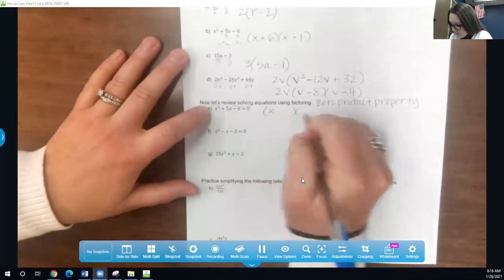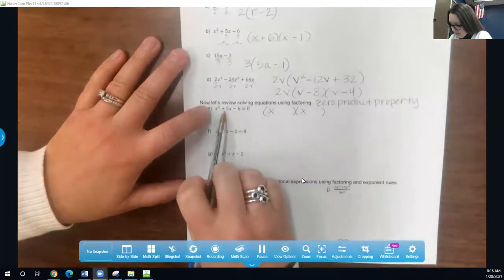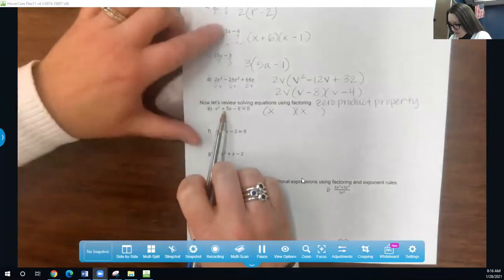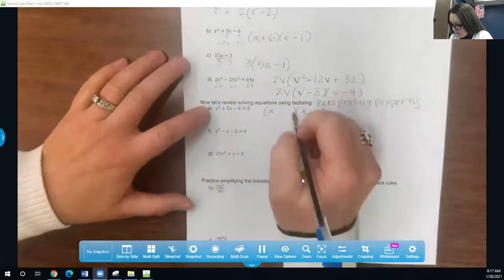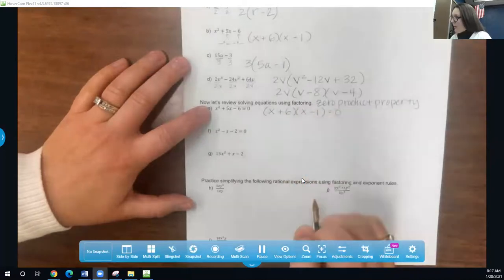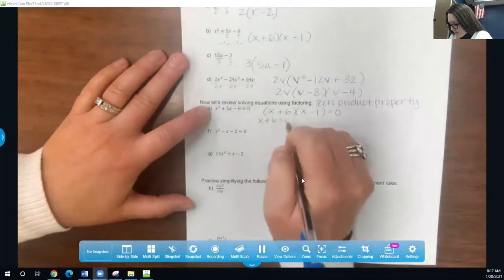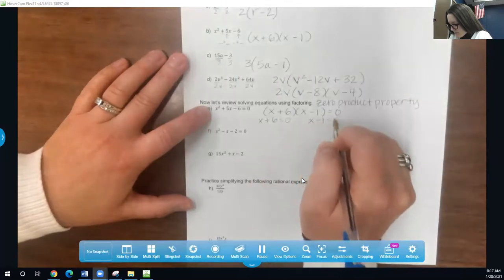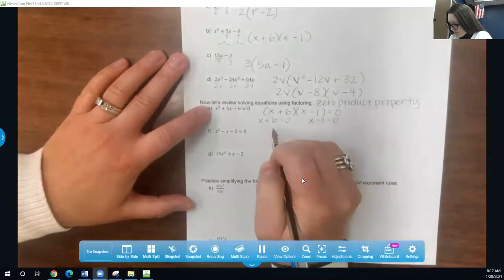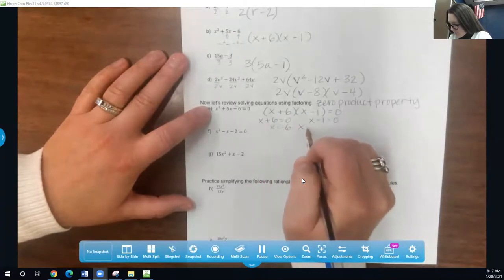I want to know what multiplies to get a -6 and adds to get a 5. Oh my goodness, look at that. It's the same as up here. So we're just going to copy that up there because we already have the answer. Equals 0. Here's my zero product property. x plus 6 equals 0 and x minus 1 equals 0. So solving for x, we get x equals -6 and x equals 1.